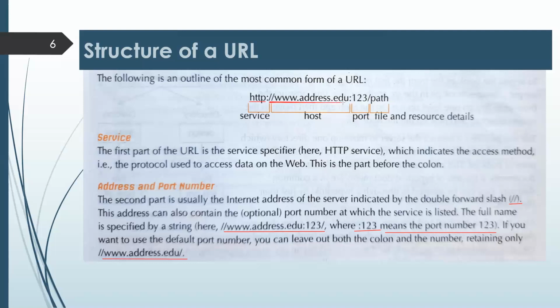Here you can see the address www.address.edu. This is a host, that means the domain name, and under the domain, :123/ is called the port. And if you want to use the default port number, what do you do? I'll show you.